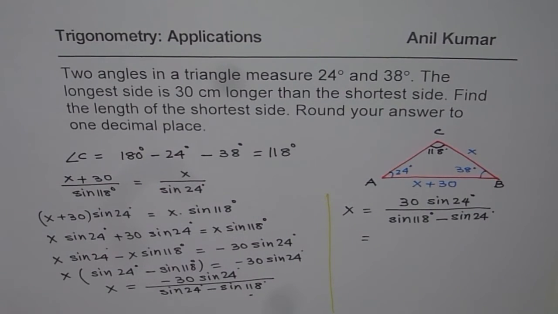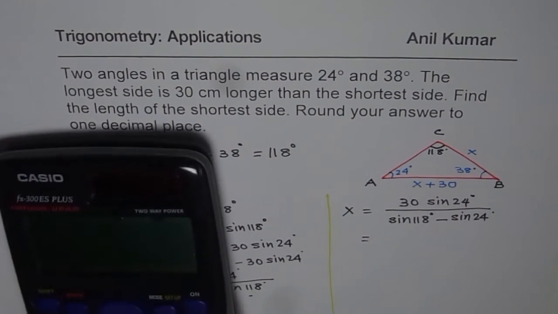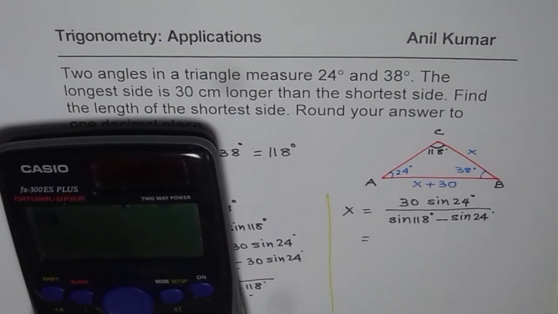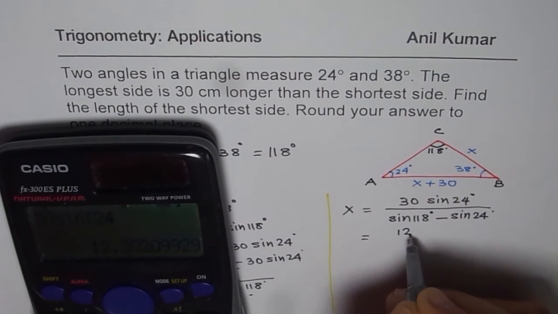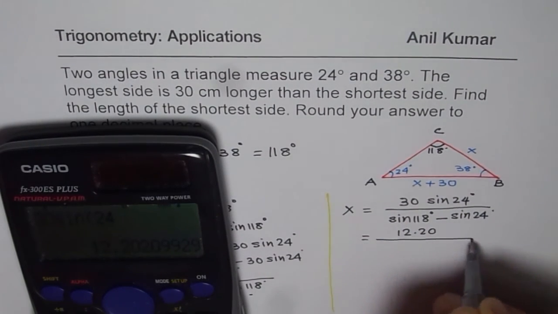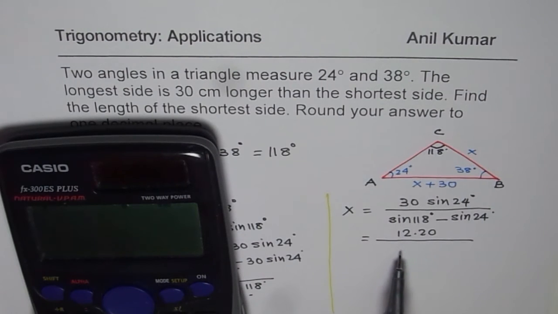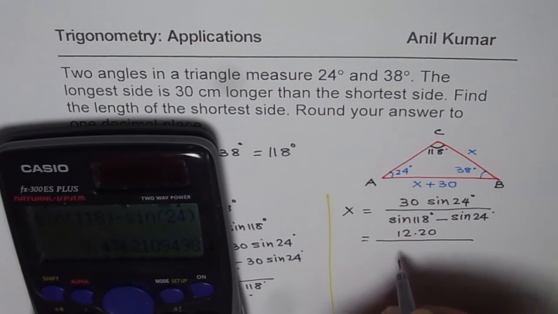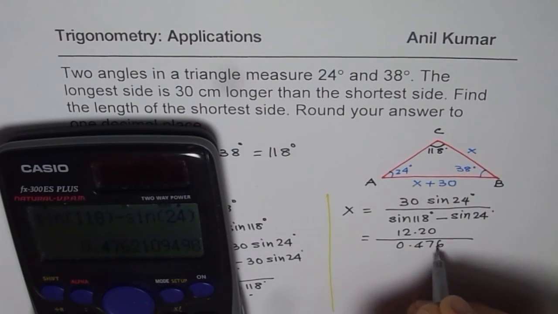And now let's use the calculator to find the answer. 30 sine of 24 degrees equals 12.20. The denominator, sine 118 minus sine 24, equals 0.4762.